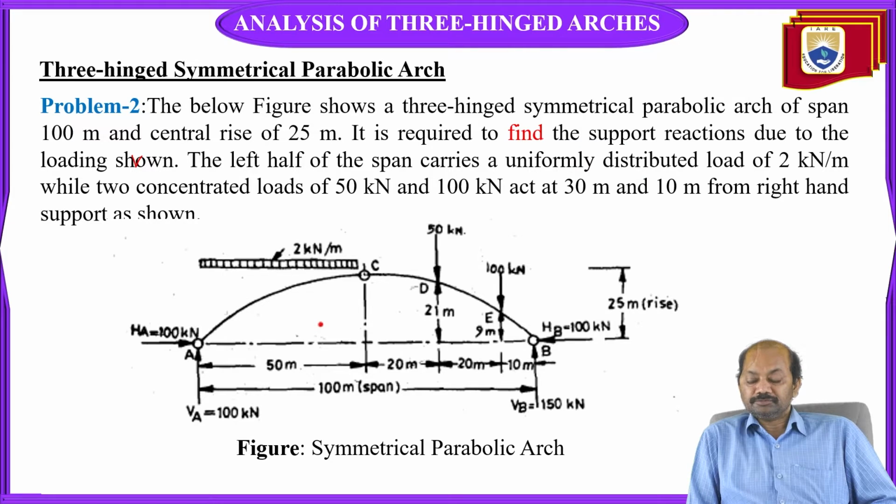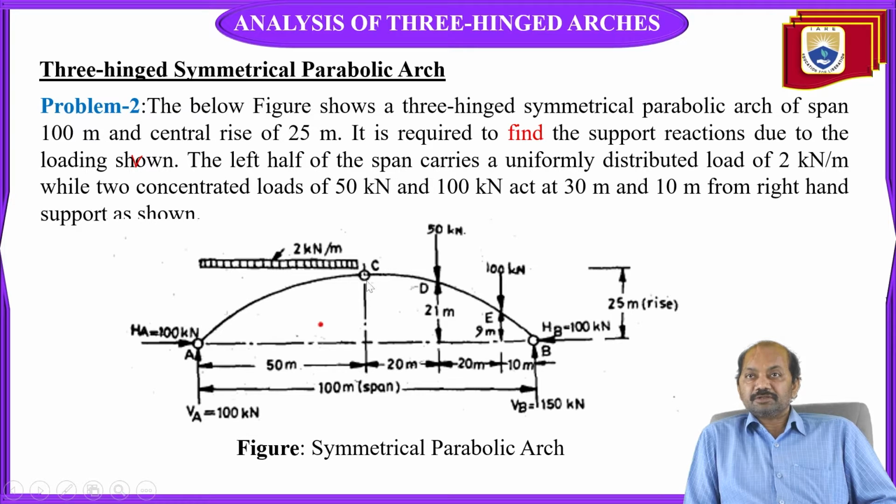Okay, now let us see another problem. A 3-hinged symmetrical parabolic arch. As I told you, if the shape of the arch is a parabola, then it is called a parabolic arch.